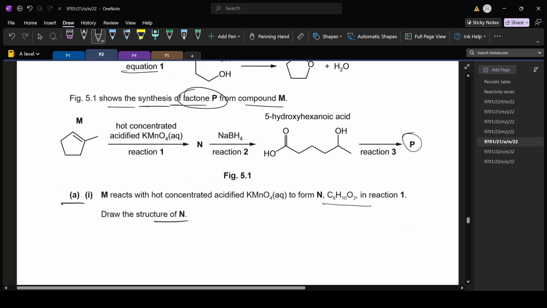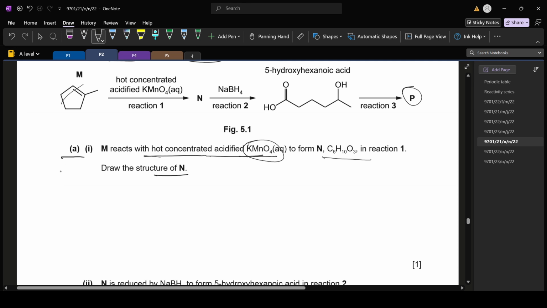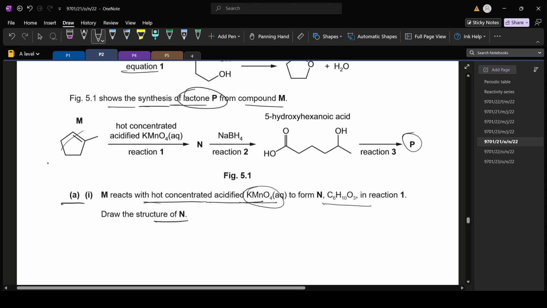If hot concentrated KMnO4 is used, this double bond will break down, and you will have the structure like this.